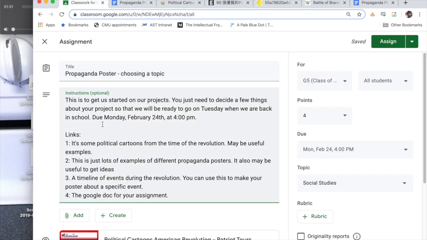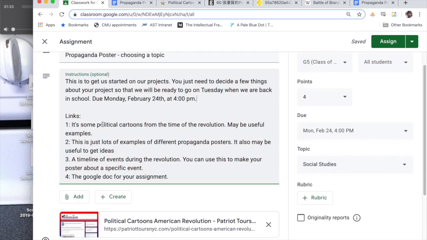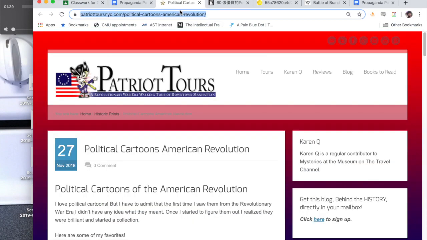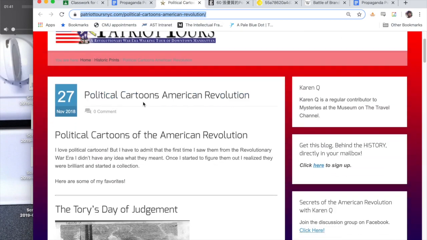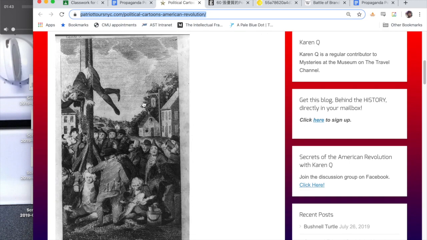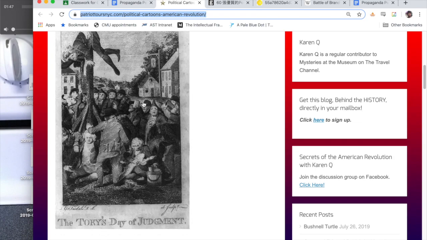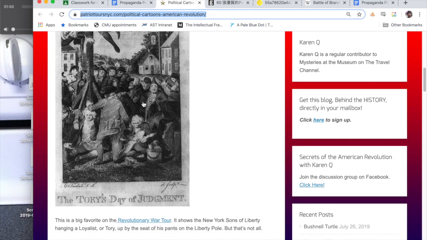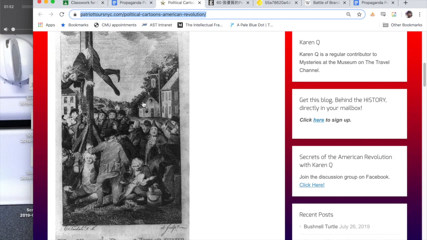You have several links from your Google Classroom assignment. The first is to this, where it has some political cartoons, which are a lot like propaganda posters from the time of the American Revolutionary War.